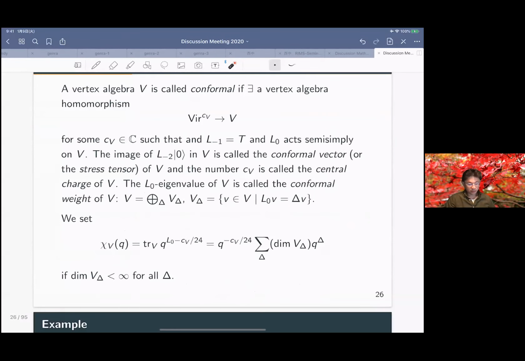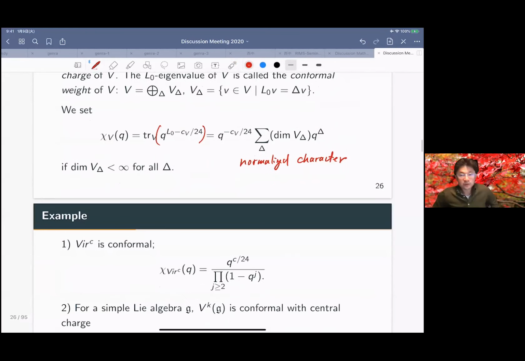So you can talk about the formal character, which is defined by the trace of this operator. This is just a normalization term. And when each homogeneous subspace is finite dimensional, this is often called the normalized character. So, for example, the Virasoro vertex algebra is by definition conformal.